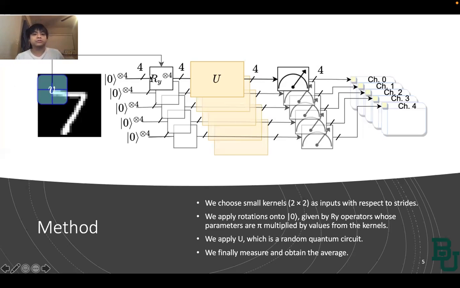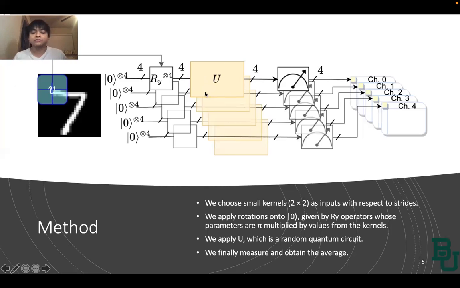This kernel value is multiplied with the angle of this gate, and it will rotate the initial state of 0.